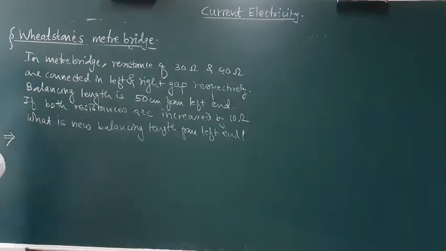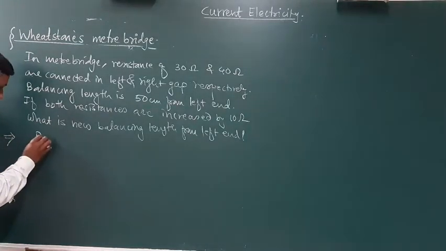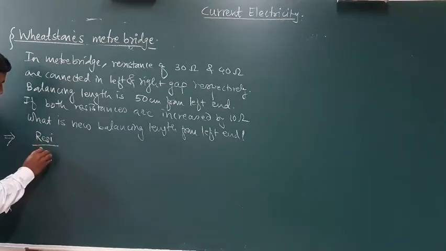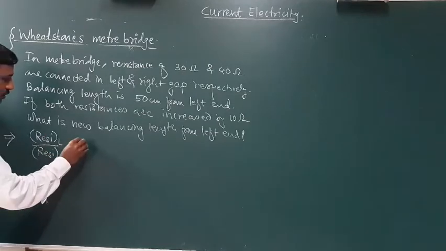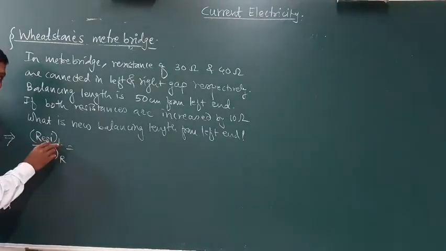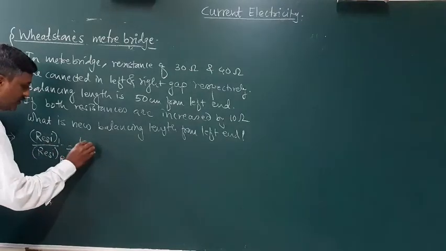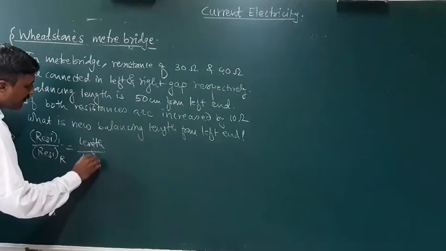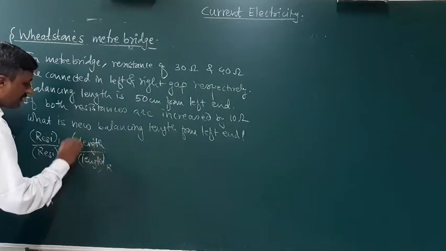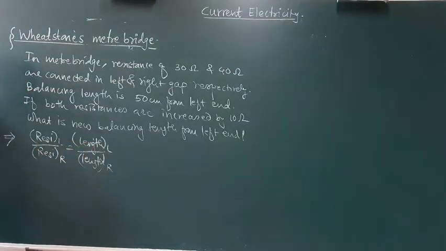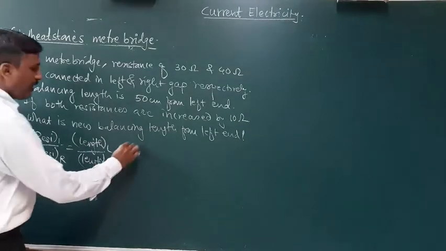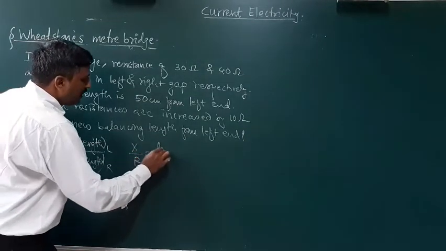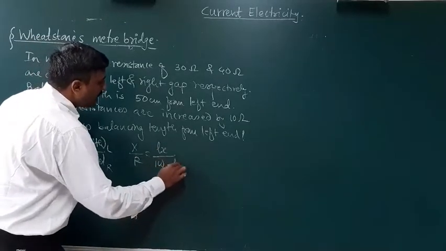First, remember the balancing condition: left side resistance upon right side resistance equals left side length upon right side length, or simply X by R equals Lx upon 100 minus Lx.